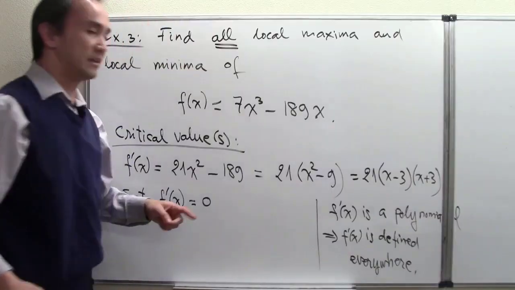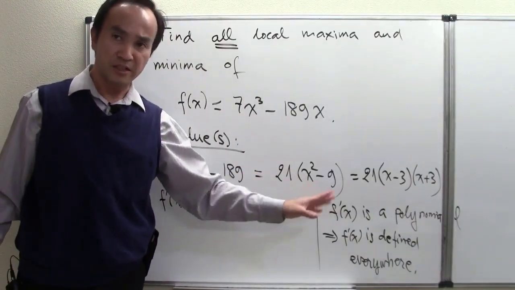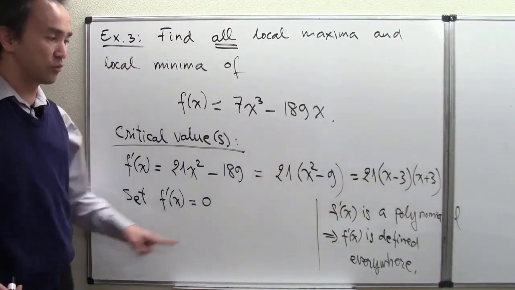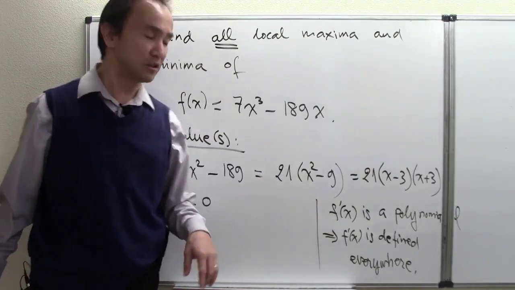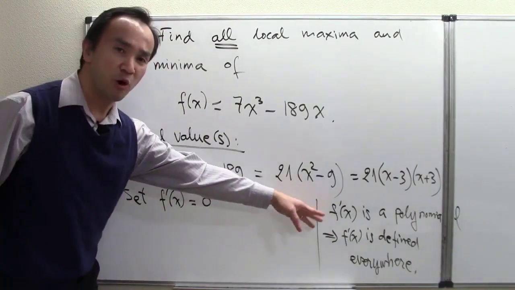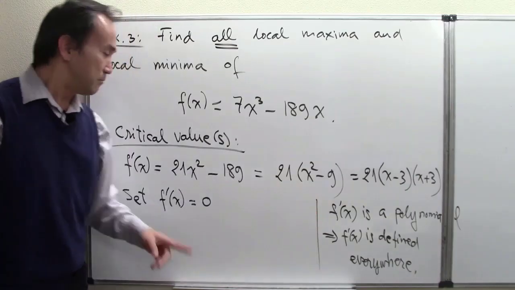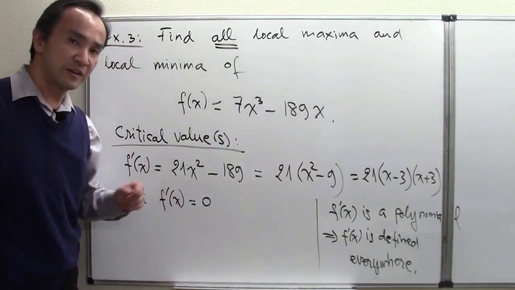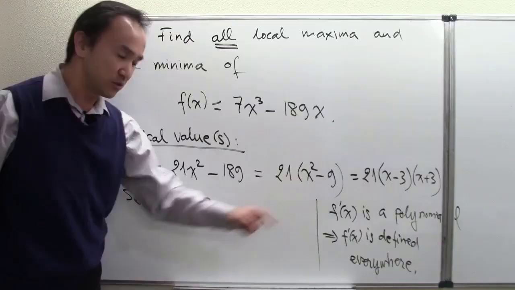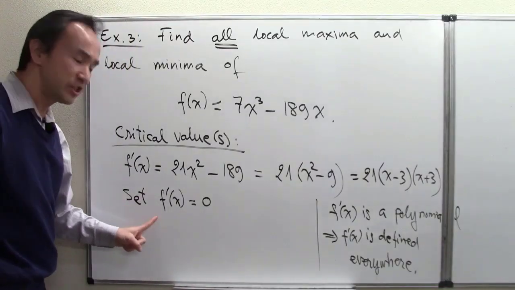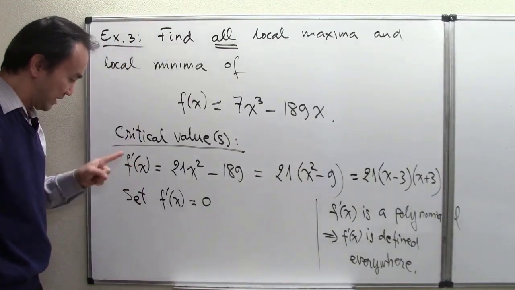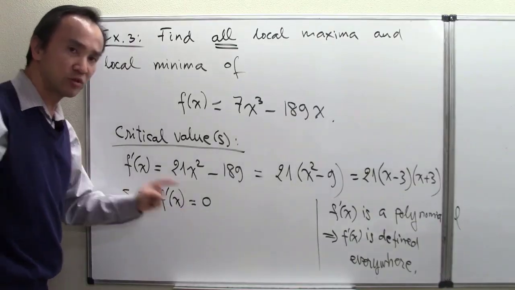Based on the definition of critical values, we have ruled out that possibility, so we won't find any x values making our first derivative undefined. That takes away that possibility. So in order to find the critical values, we only need to set f prime of x equal to 0.